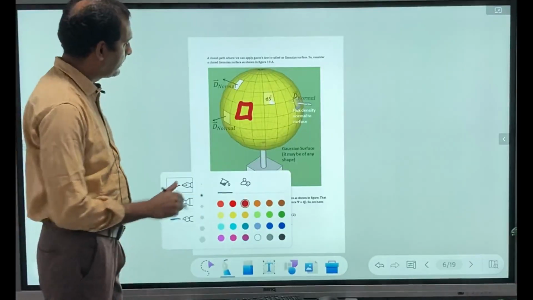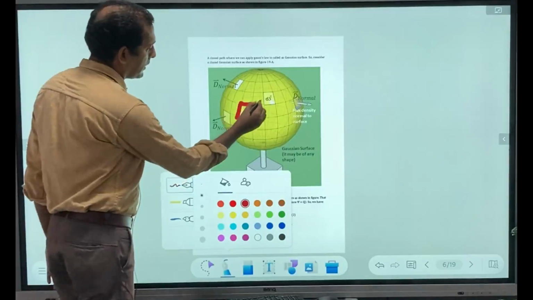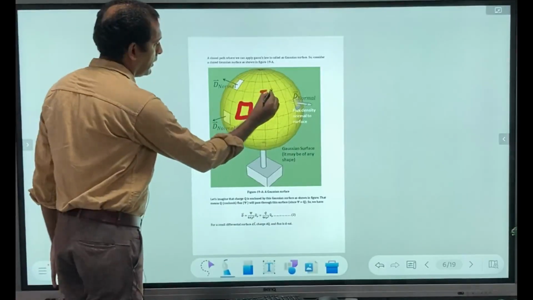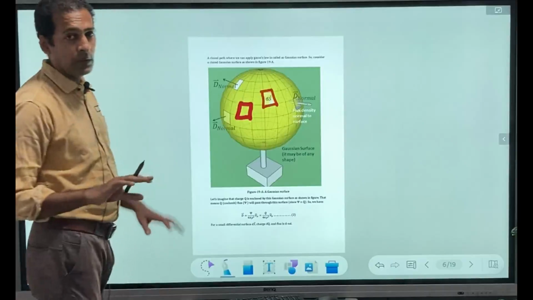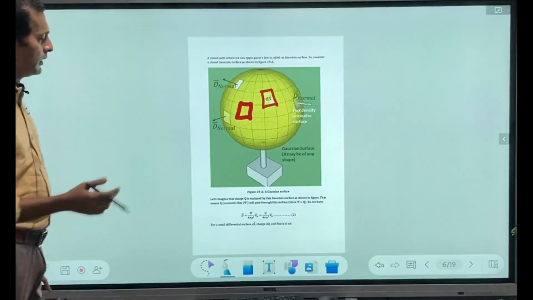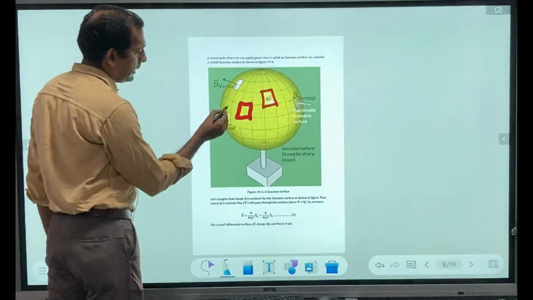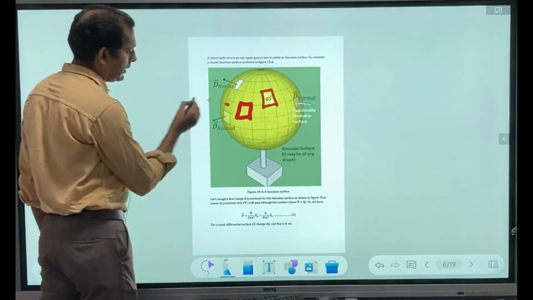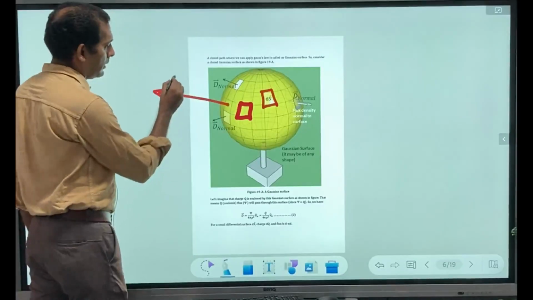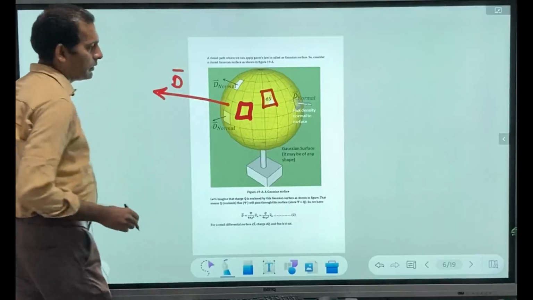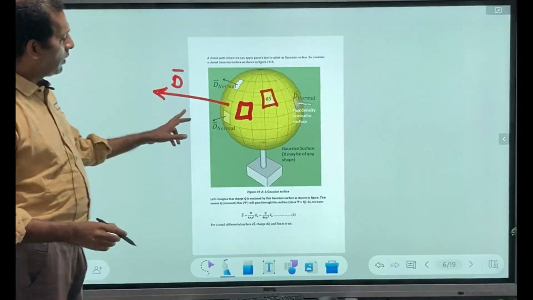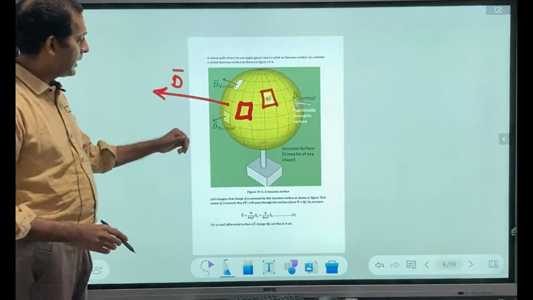So for that differential surface, any differential surface, if we consider out of entire surface, and the flux density is coming out of it, D bar. So it may be normal or with some angle.